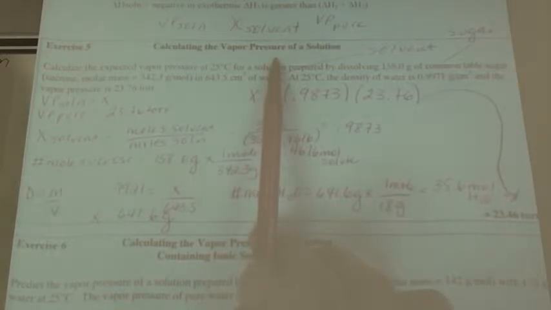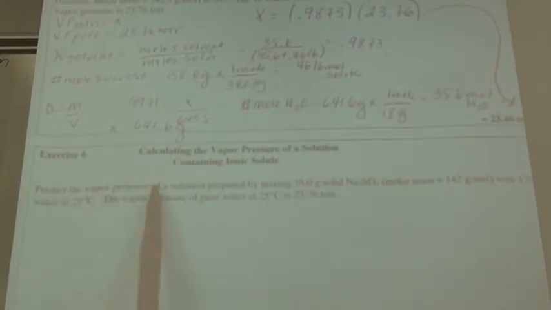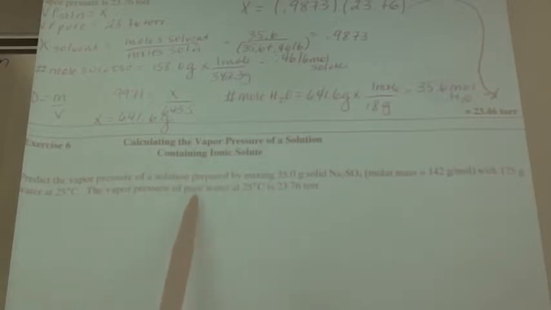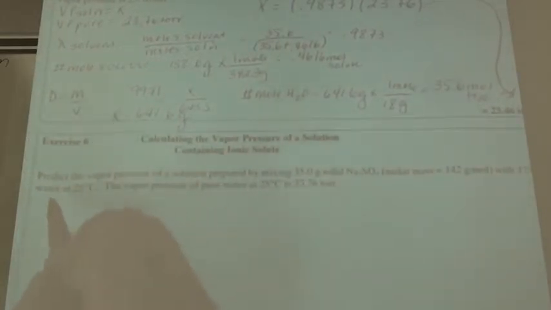Okay, now this one is different because we had a molecular solid, which means it did not break up. Now we're going to talk about an ionic solute, and it will break up. So, predict the vapor pressure of a solution prepared by mixing 35 grams of solid Na2SO4 with 175 grams of water at 25 degrees C. The vapor pressure of pure water at 25 degrees C is still 23.76 torr.